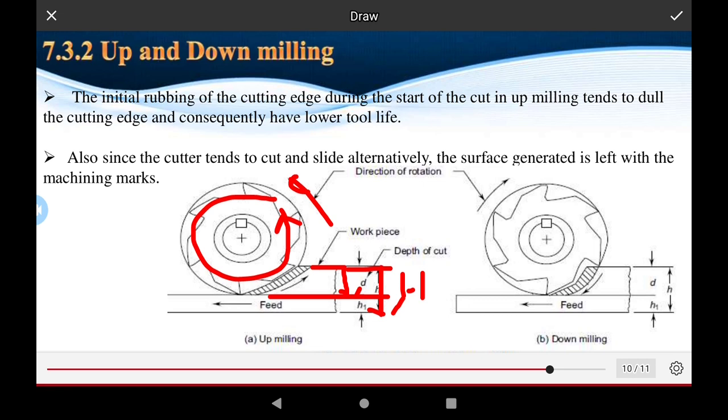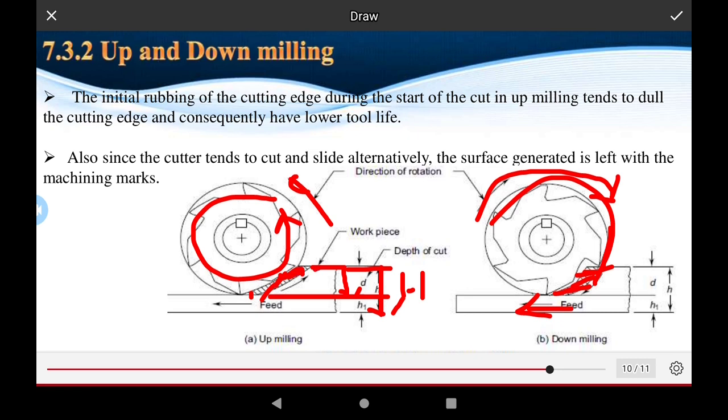This is up milling, and this is down milling. The direction of rotation of the cutter is anti-clockwise. The tool is also clockwise, and the workpiece too, so both are in the same direction. The tool performs the operation and generates small chips from the workpiece.